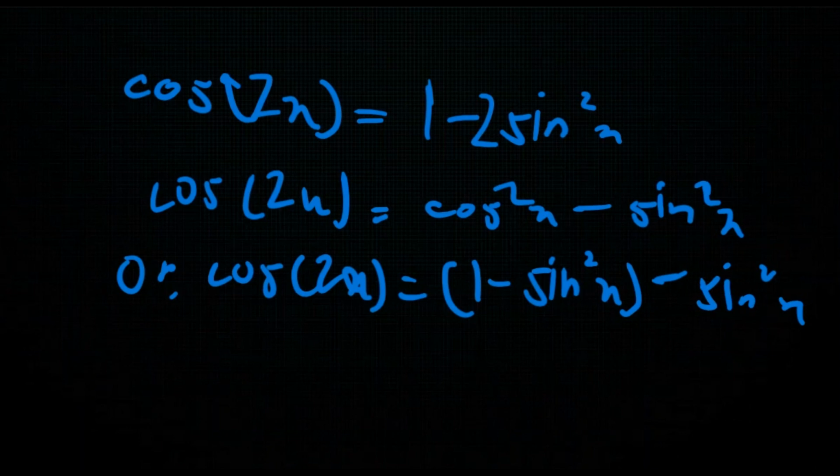Since both are negative sine squared x, it can also be written as 1 minus 2 sine squared x, and hence we have proven that cosine 2x equals 1 minus 2 sine squared x.